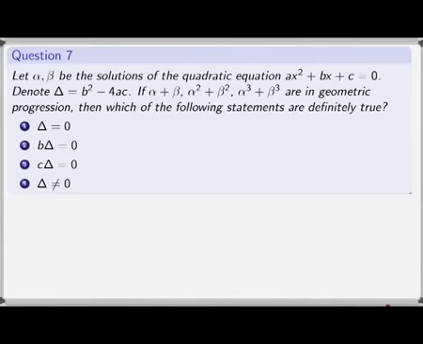So first note that since ax square plus bx plus c is equal to 0 is a quadratic equation, a is definitely not equal to 0.